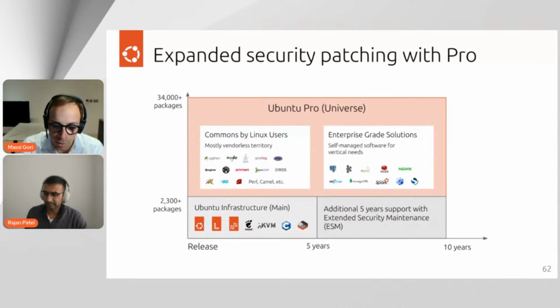We offer, for example, security support for Java, for OpenJDK, all the way till 2034, with additional TCK validation, but also a whole host of what we call more distributed solutions, both in the form of Ubuntu packages, but also as containers.